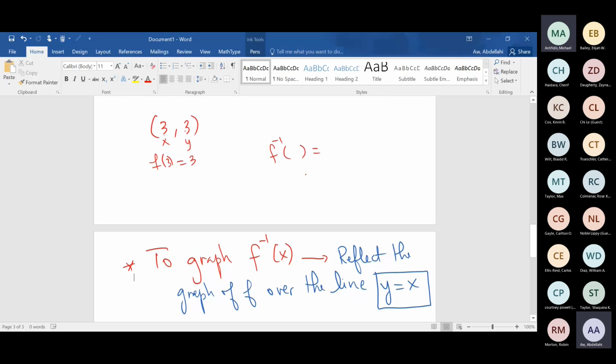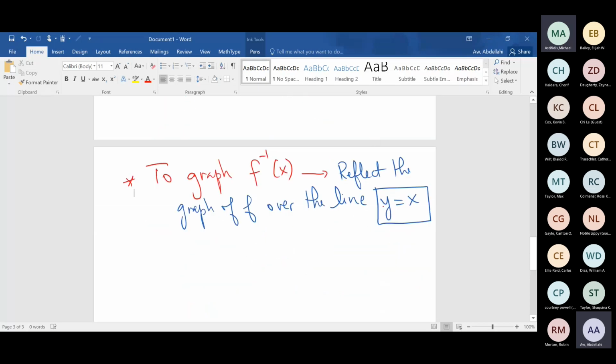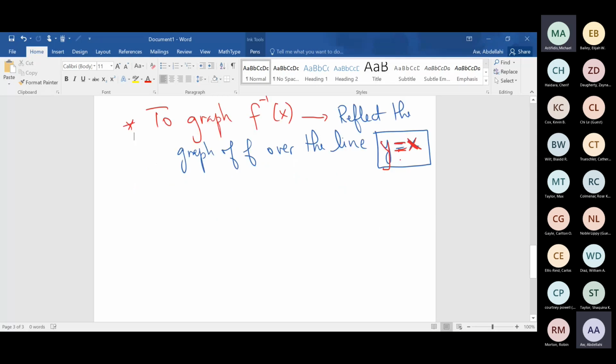The same point. f minus 1 of 3 is equal to 3, right? You see? So that point doesn't change. It's still (3, 3), right? So all the points where y equals x will not change when we graph f minus 1, right? Okay.